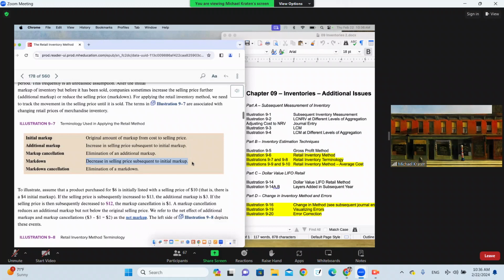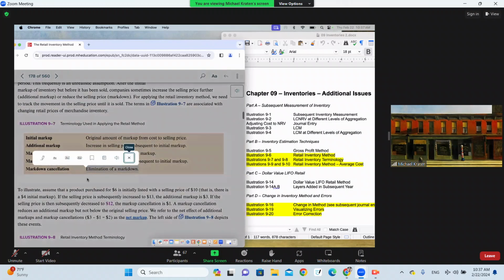What if the day after that you say, marking it all the way down from 10 to 7 was a little bit too extreme? Let me bring it back from 7 to 8. Then you are canceling $1 of the markdown.